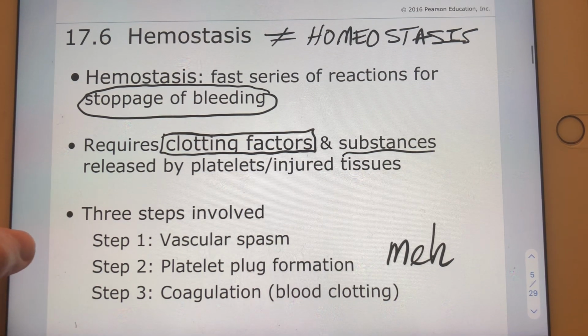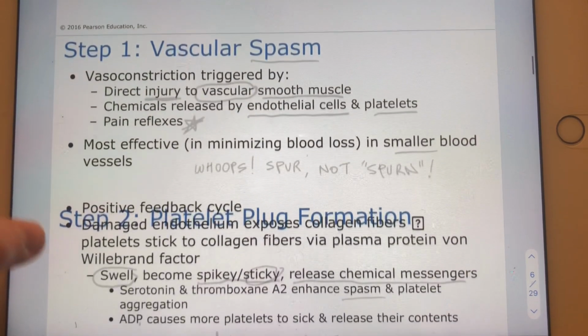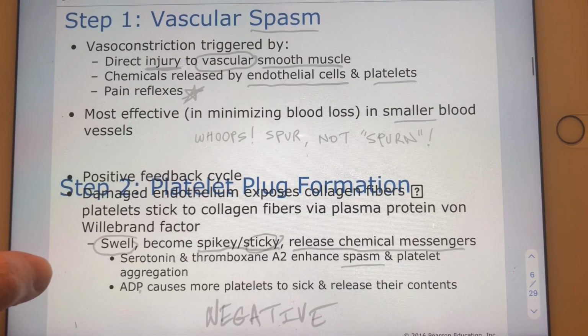The first step, and excuse the way that this slide ends up laying out and looking gross in this particular app, is always vascular spasm. And you probably already think of spasm as repeated contraction of muscle, and that's absolutely what we're referring to in this particular case.